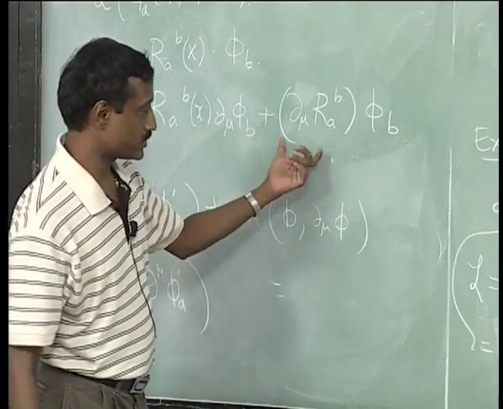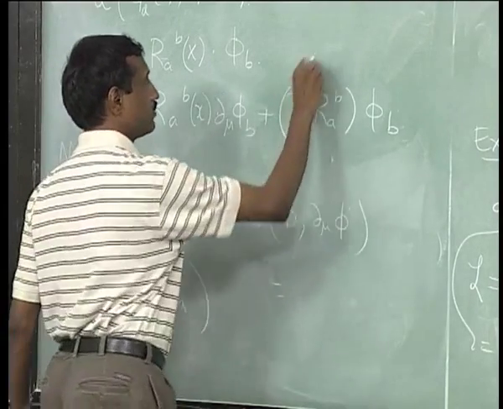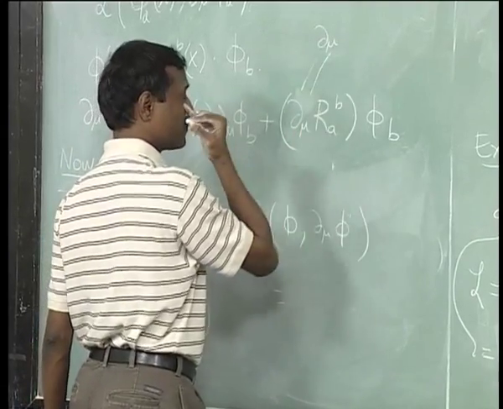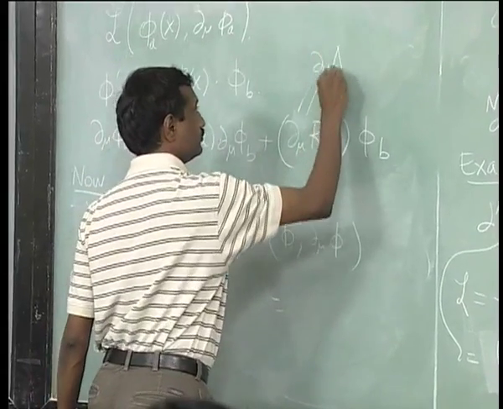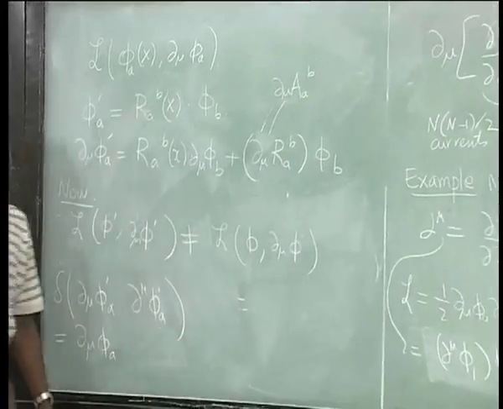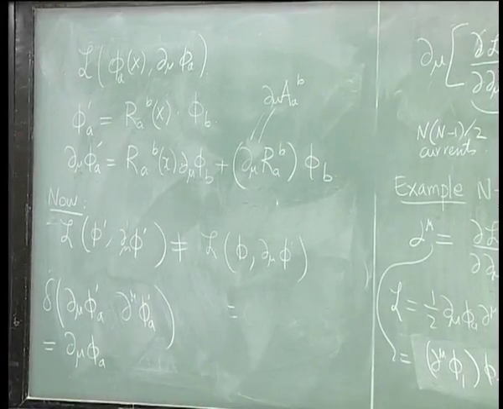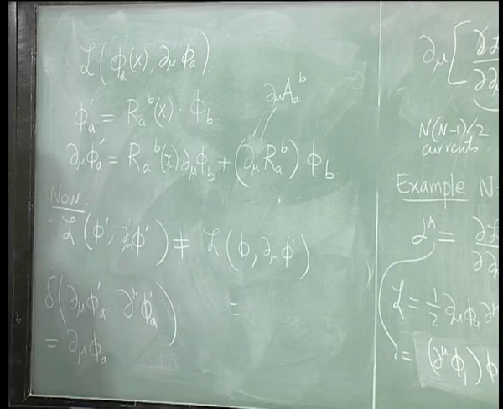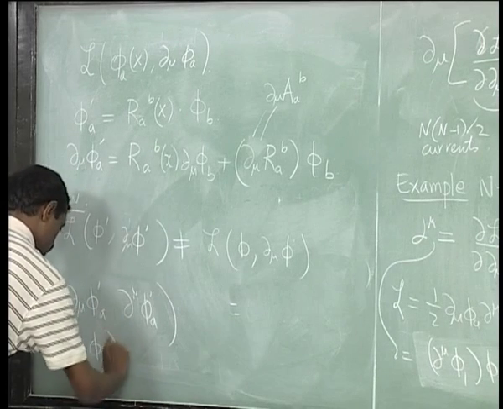Just looking at the structure of R A B, this is nothing but equal to d mu of something, to order lambda square, of course. So, this is d mu A mu, and so I can write this.